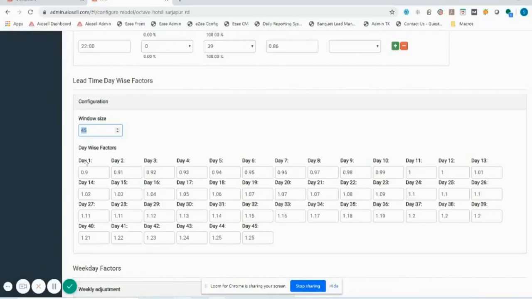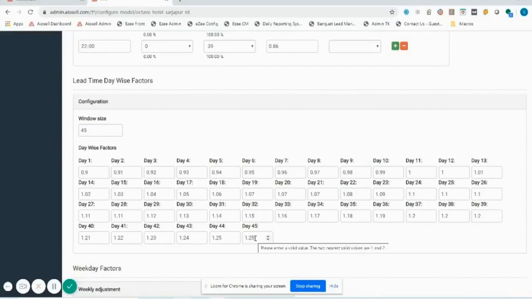And we can set this booking window to as high as we want. In some hotels, we even set it for 365 days, which means that every day of the year, the rates are fully dynamic. Here, what we see is the scaling factor of rates.